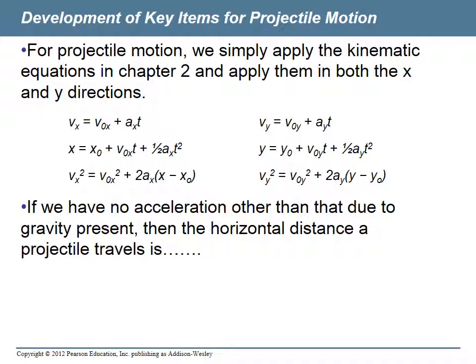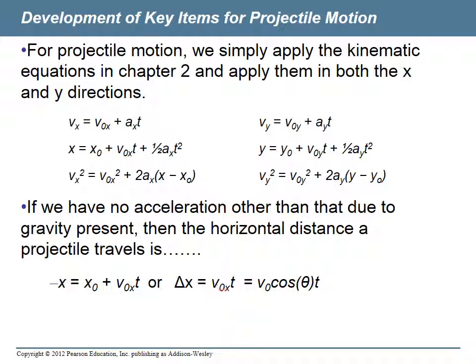So if we have no acceleration other than that due to gravity present, then the horizontal distance a projectile travels is what? That makes sense to you. There's no acceleration other than that due to gravity in this problem, so there's no acceleration in the x direction is another way of saying it. And the horizontal distance would be x equals x naught plus V naught xt, right? We've just taken out the acceleration part here. Or I can say, since x minus x naught is delta x, delta x is equal to V naught x times time.